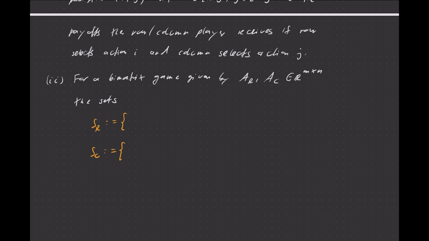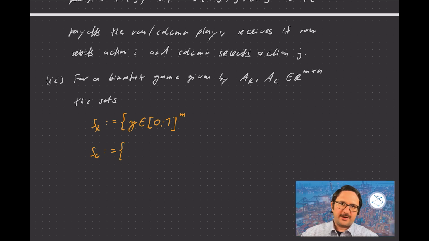For the row player, we're usually going to use the letter Y to denote a strategy. And a strategy is a vector where each component of that vector is between 0 and 1. And for the row player, that vector has m components. So for each row, imagine something like a probability assigned to that row. And of course, if you always play the same strategy, then one row will have probability 1, or 100%, and all the others will have probability 0.